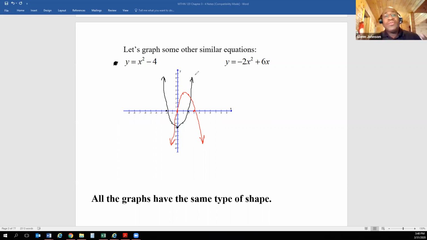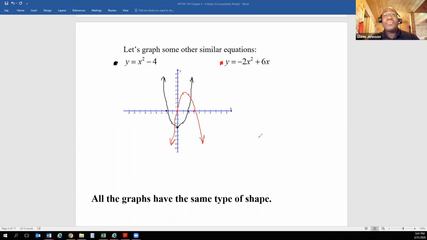If you notice the x squared graph and the two examples that we have here, y equals x squared minus 4 and y equals 2x squared plus 6x, all of these graphs have the same type of shape. They may be oriented differently, in that they're in different locations, or one, as we can see, was actually pointing downward as opposed to pointing upward. But the general shape, the curve, is identical, and that's going to be standard for all quadratic functions.